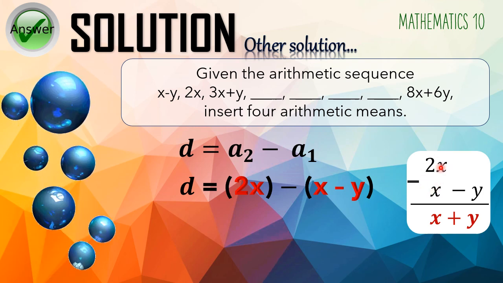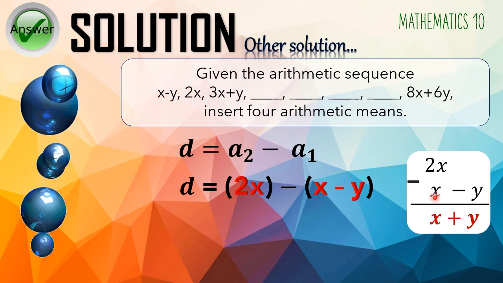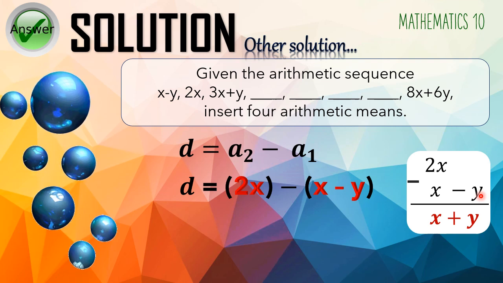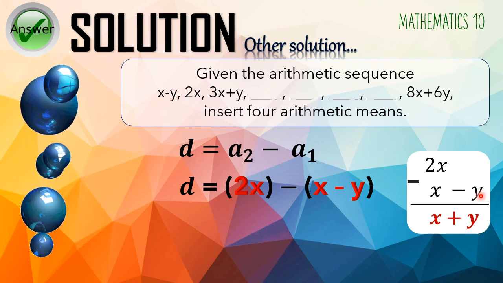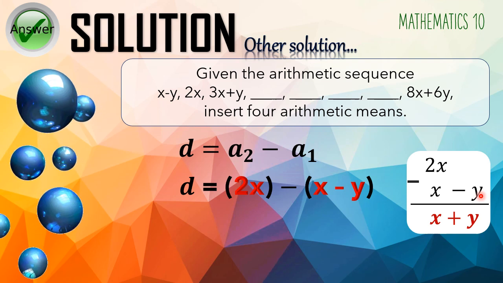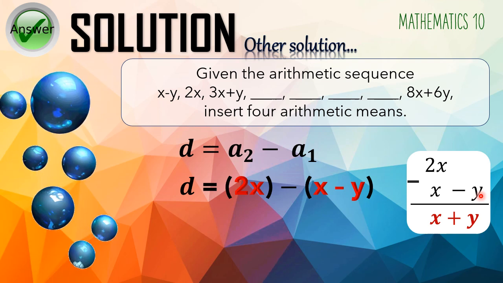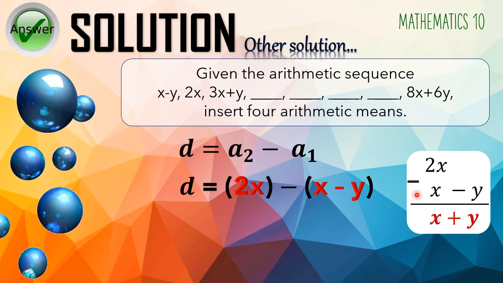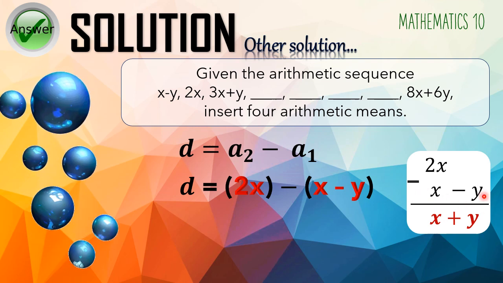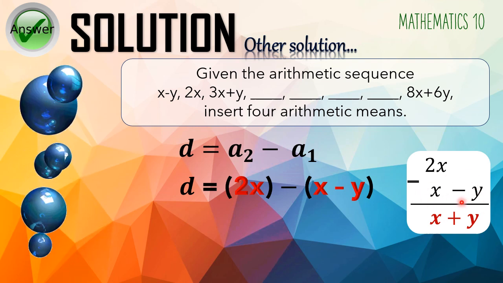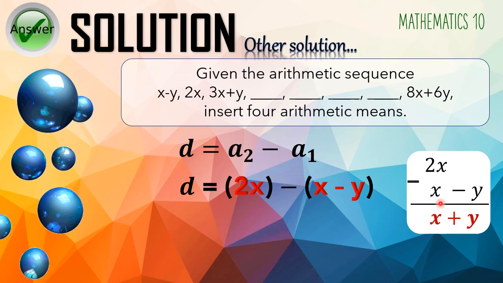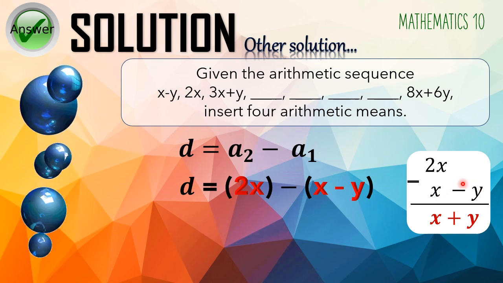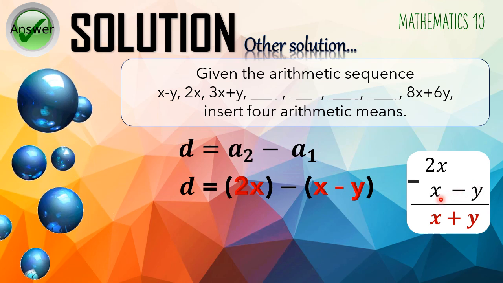And so negative, this one, the subtrahend, we have x minus y. I know you are still familiar with our rule in subtracting integers or expressions before, we follow keep, change. And so all the terms in our subtrahend must be changed into their inverse. So if it is positive x, this will become negative x, and the positive y will become negative y.